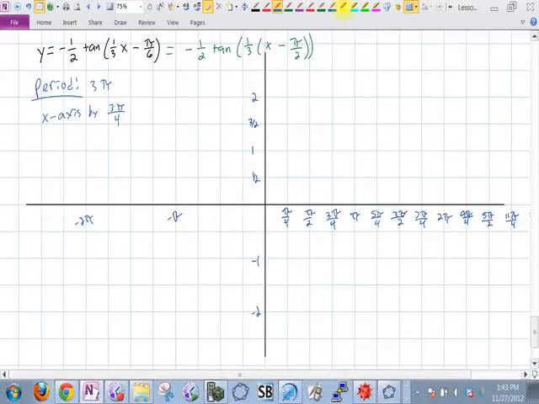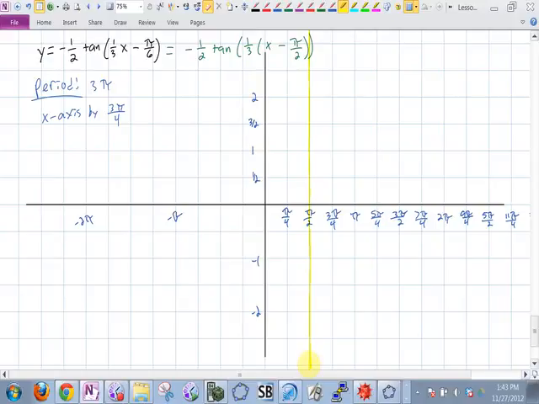So for the parent function, there is typically a vertical asymptote right here. But what's going to happen to that? Sorry, did I say vertical stretch? There's a horizontal stretch, isn't there? There's a horizontal stretch by how much? 3.